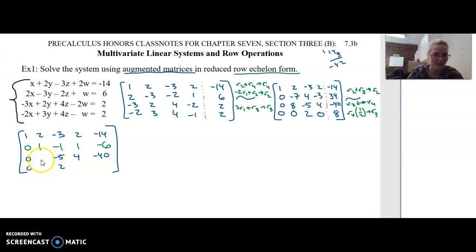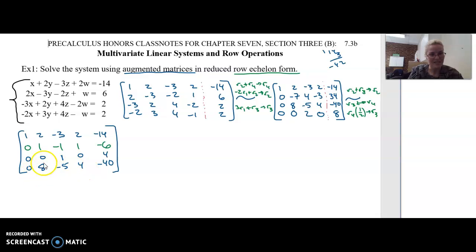So what did I say I was just going to do? I was going to put row 3 here, 0, 8, negative 5, 4, negative 40, and then I'm going to go 0, because then this will already be a 1, 0, 4, right? If I divide both of these by 2. So I've got 1, 1, 1. So far, so good in my just row echelon form for now.